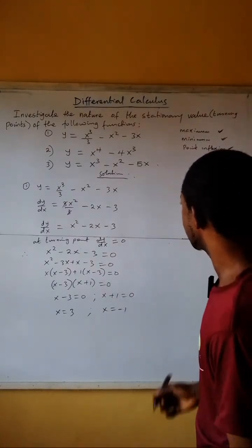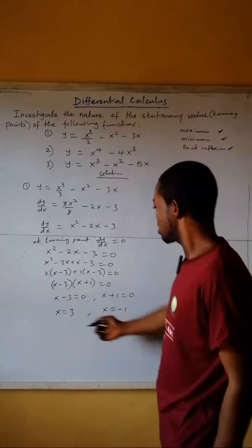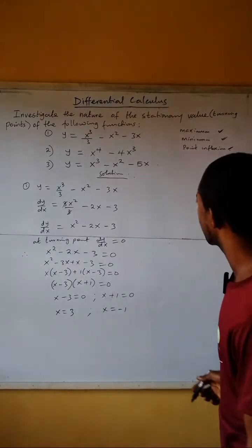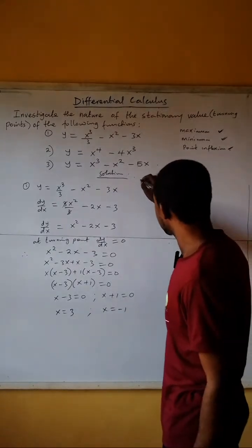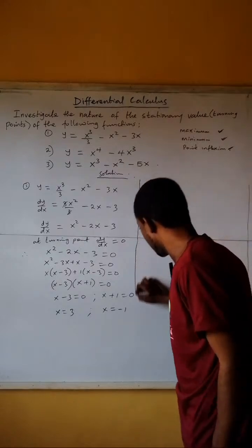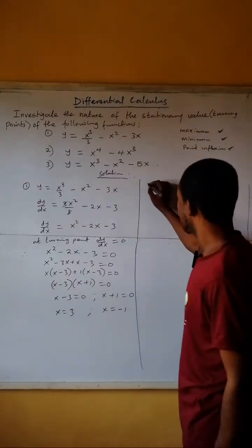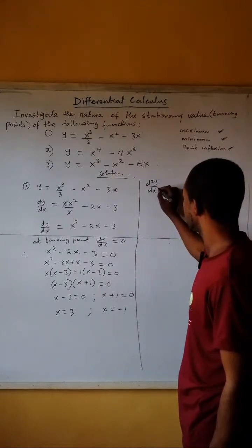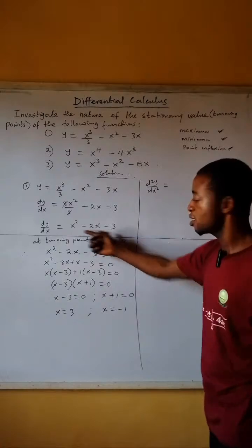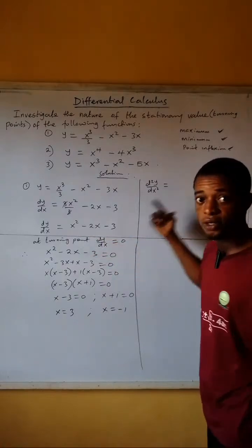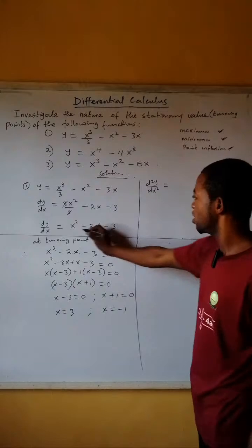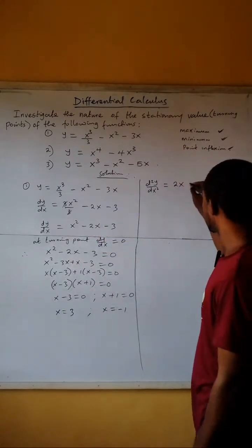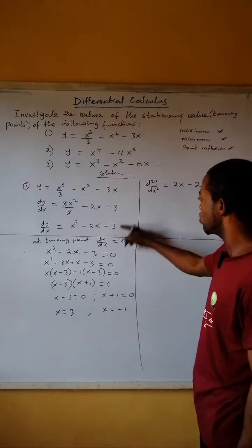Now let's investigate to know whether each is a maximum or minimum. It implies we take the second derivative, that is, d²y/dx². So differentiate the first order derivative to get the second order, which gives us 2x, then minus 2, then 0 for minus 3 here.